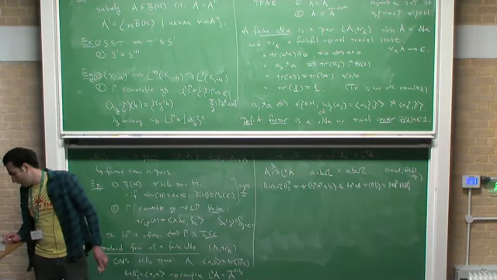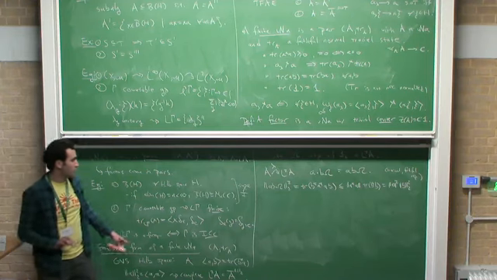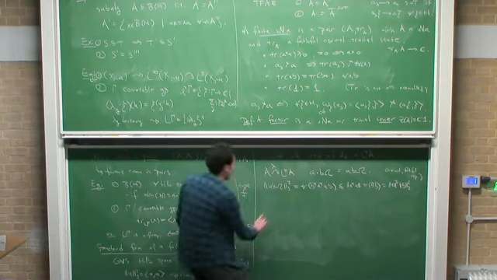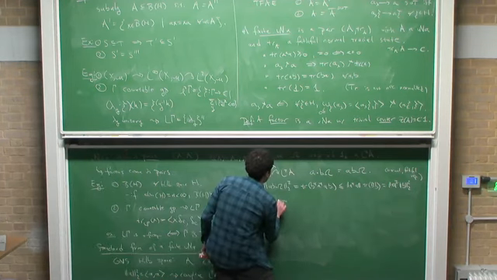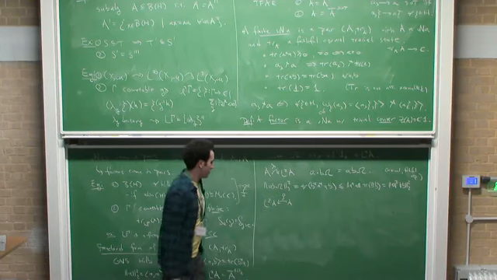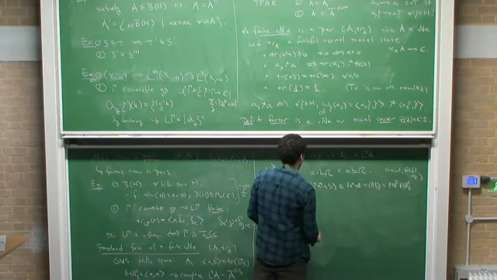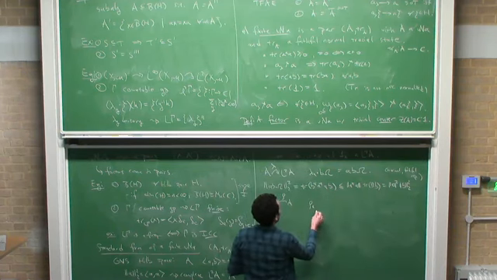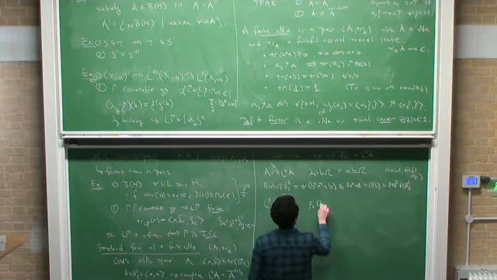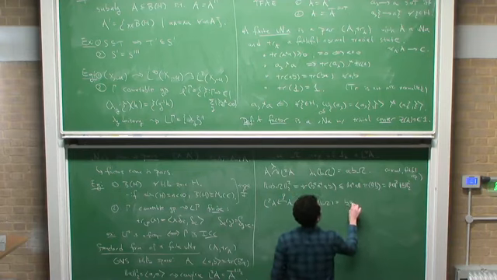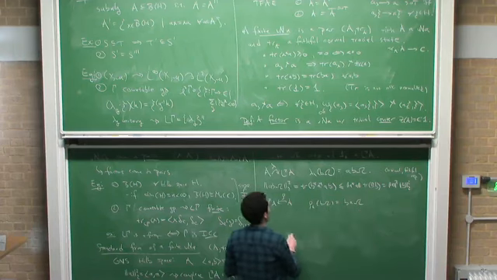normality. What's interesting about the fact that I'm using a trace here is that I can see that the right action is also bounded. And this here really is going to use the tracial property. So I should call this lambda a. If I take rho a acting on b omega, this is going to be b a omega. And now I should check that that's bounded.